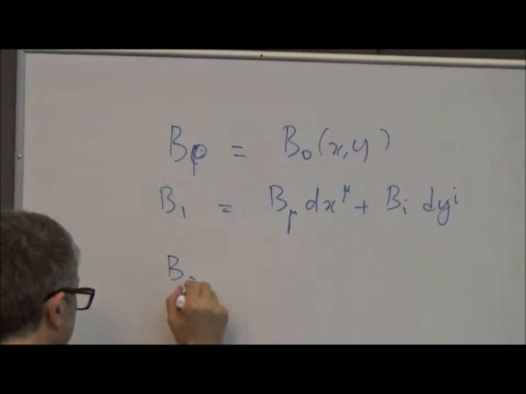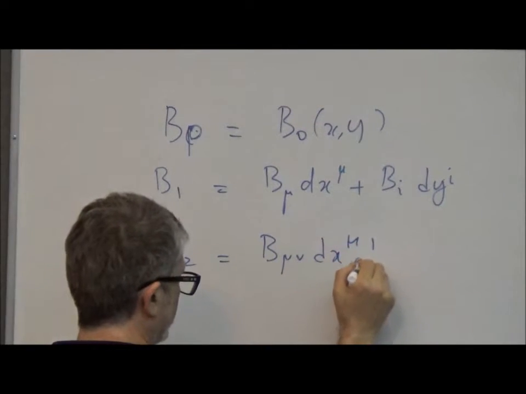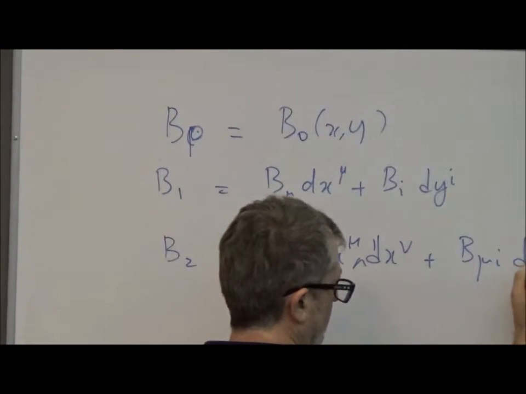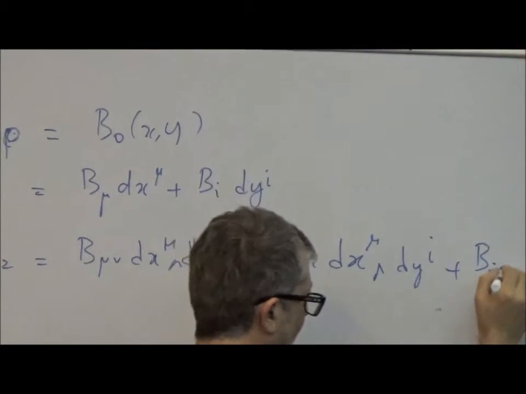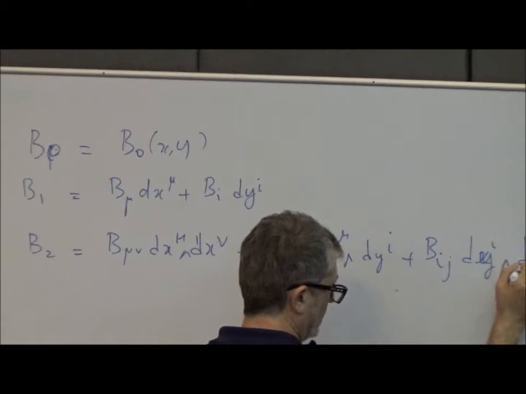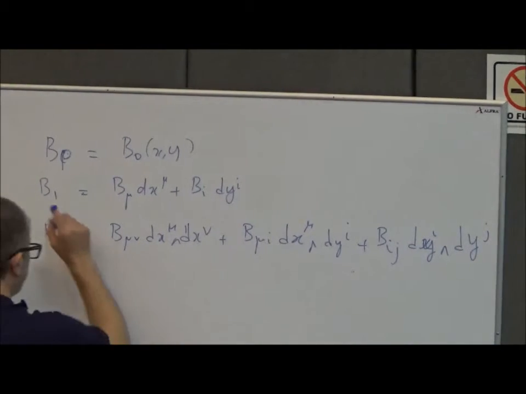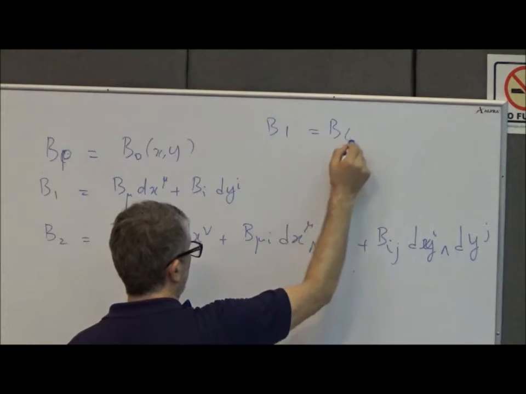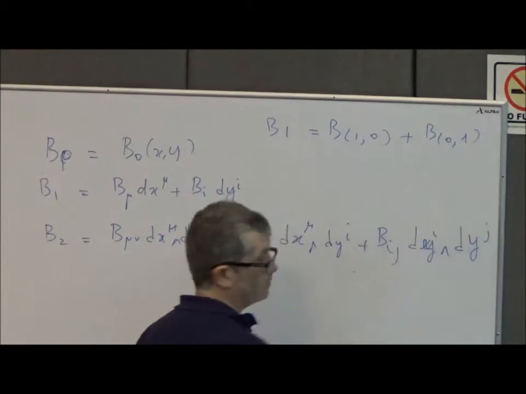And then the two form, which we wrote before, was B_mu nu dx^mu wedge dx^nu plus B_mu i dx^mu wedge dy^i plus B_ij dy^i wedge dy^j, and so on and so forth. So I'll say that I can write the B1 form as a B10 form plus a B01 form.